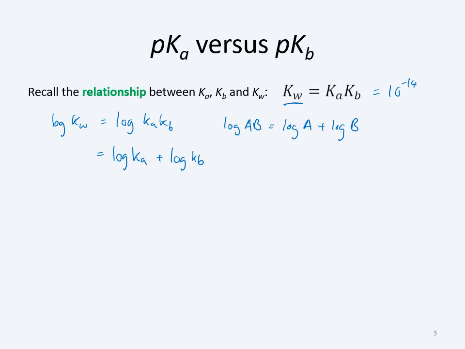Because we've already defined pKw, for example, or indeed pKa, as minus log to the base 10 of Ka, and incidentally, I'm just going to put in the tens here. Generally speaking, in chemistry, when we write log, we usually mean log to the base 10, and sometimes you'll see that the 10 gets lost, as I did there.